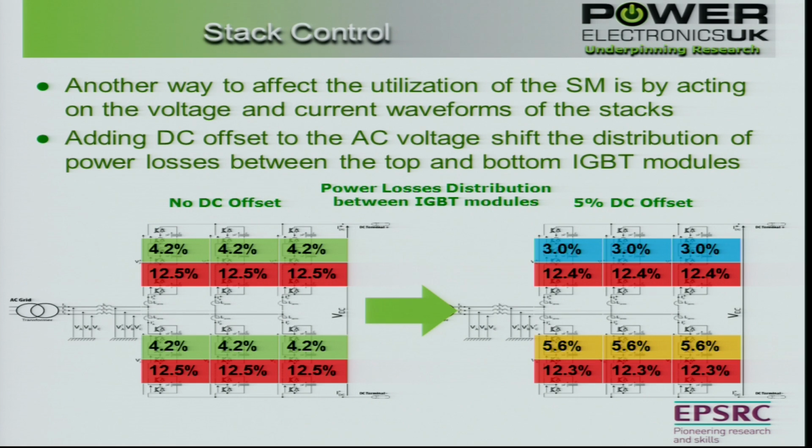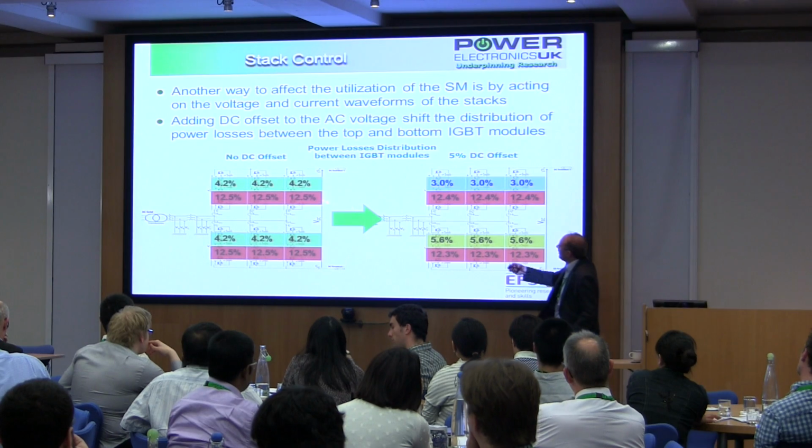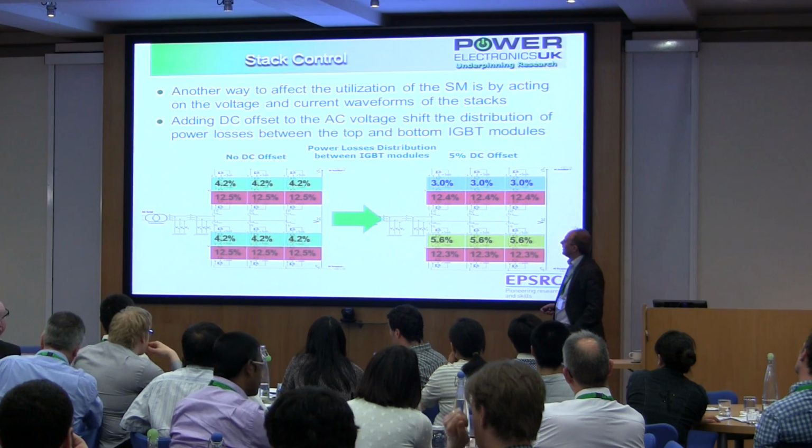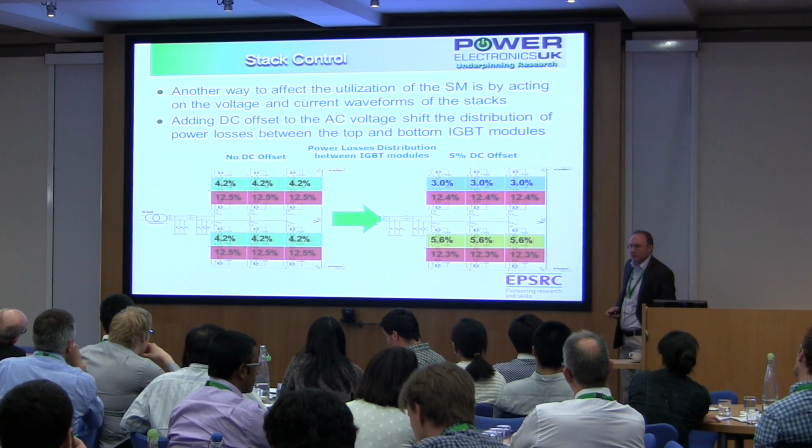You can also play other sorts of tricks. So if we take the half-bridge converter, then what you tend to find when this type of converter is either exporting or importing real power is that the lower devices in the half-bridge, the low-side devices, will tend to heat up more than the high-side devices.